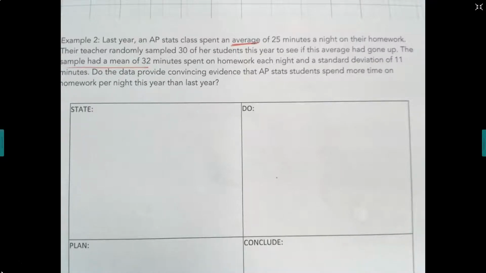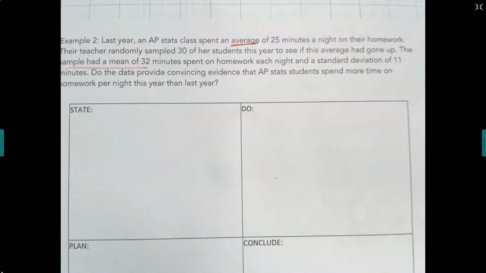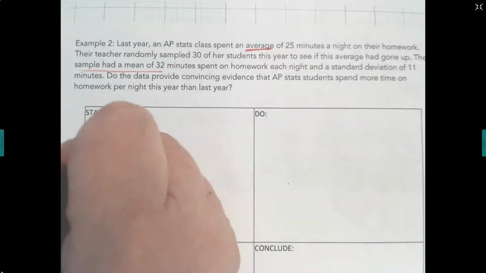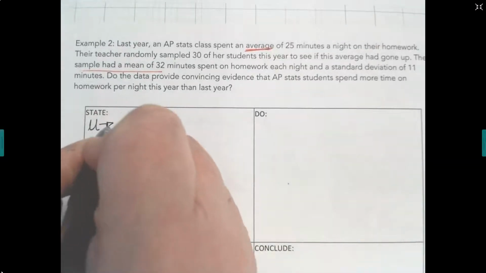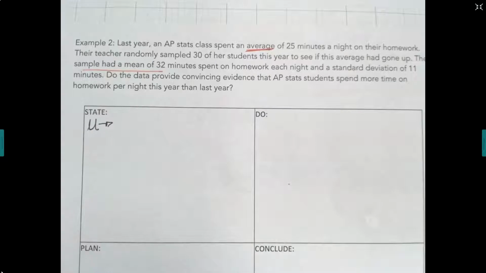We're talking about means and standard deviations, so we definitely are talking about a means problem here. So when we go to define our parameter, we need to use the notation for mu. Now, what are we looking for? Do the data provide convincing evidence that AP Stats students spend more time on homework per night this year than last year?